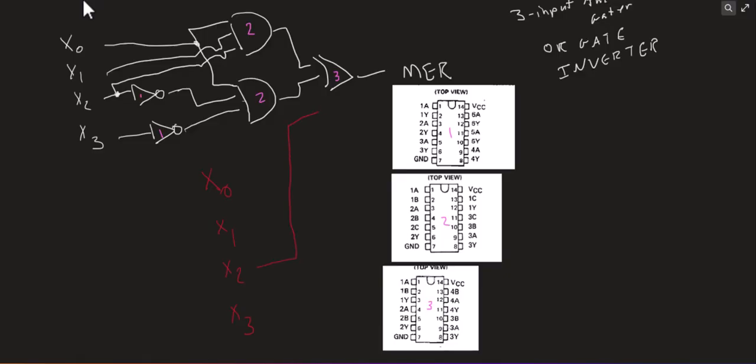So X2, I'll have it go into 1A. I'll have X3 go into 2A. So I'm going to put right here for X2, 1A and then in parentheses 1 so that I know it's pin 1, and then 2A and then in parentheses 3 so I know it's pin 3.